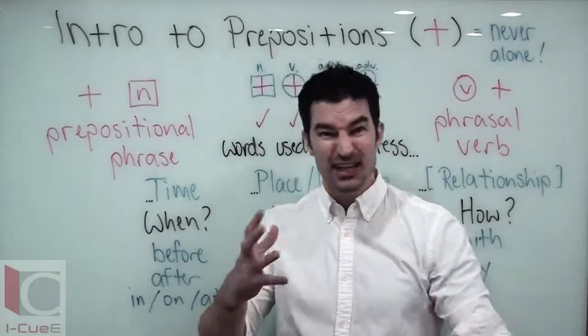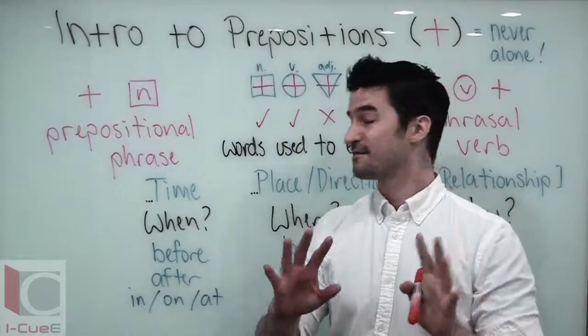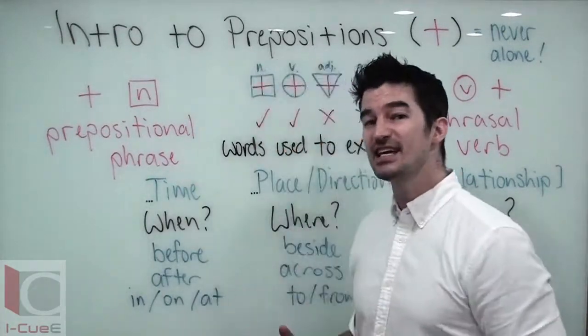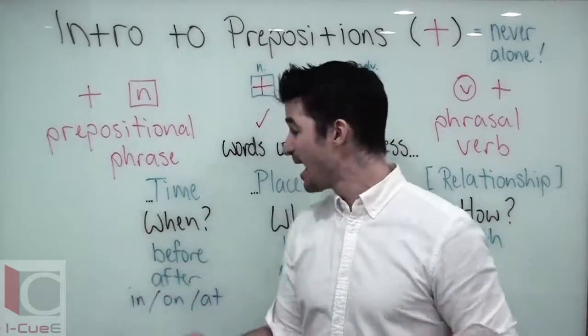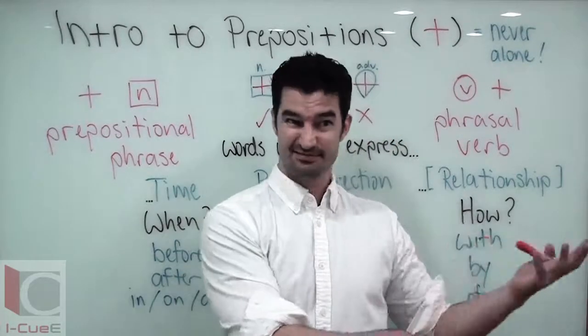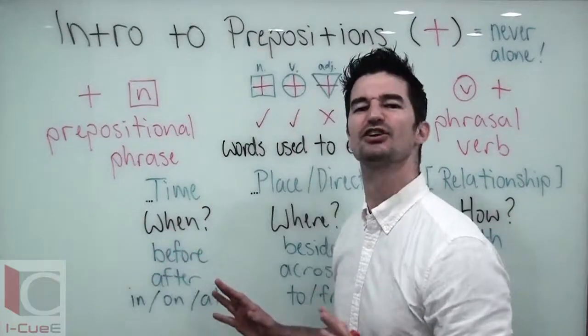And there's three general groups of relationships we're going to look at today. The first is relationships of time. So these will answer the question, when? When did something happen? Well, it happened before the end, I guess. I mean, we'll look at examples later, but let's just look at the words for now.